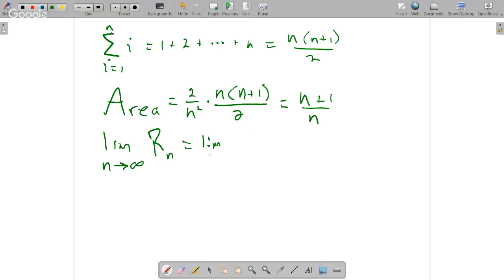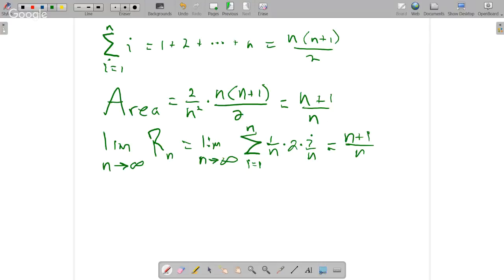So I have the limit as n goes to infinity of that sum as i was going from 1 to n. And I had, remember, my base was 1 over n. My height was 2 times i over n. And it turns out that cleans up to be just n plus 1 over n.